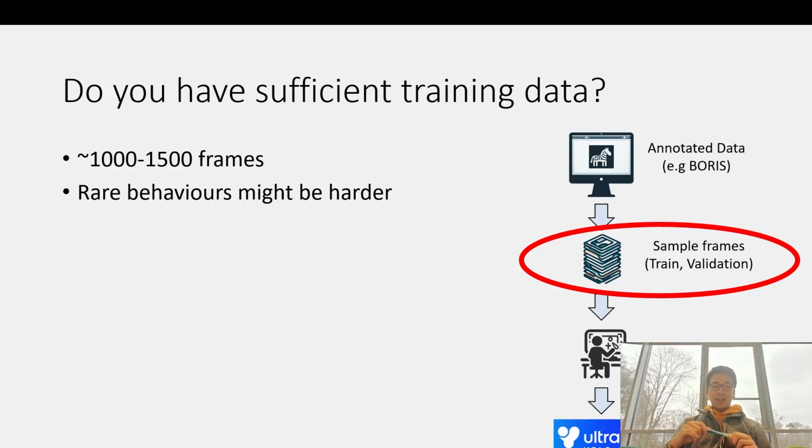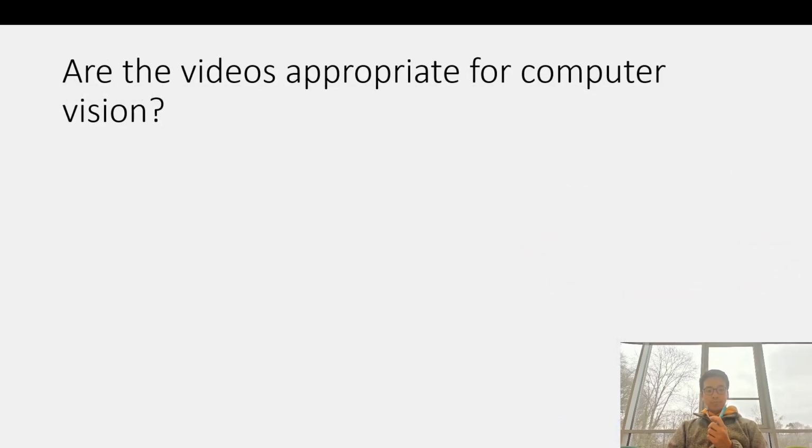But what might take a little longer to prepare training data is to sample the correct frame. Sometimes I even need to manually go look for these events and then select certain frames that I want to label. So in terms of annotation effort, sampling frames might take longer.